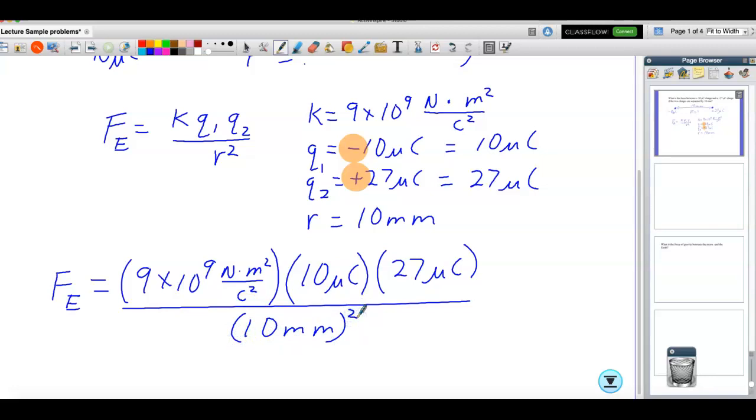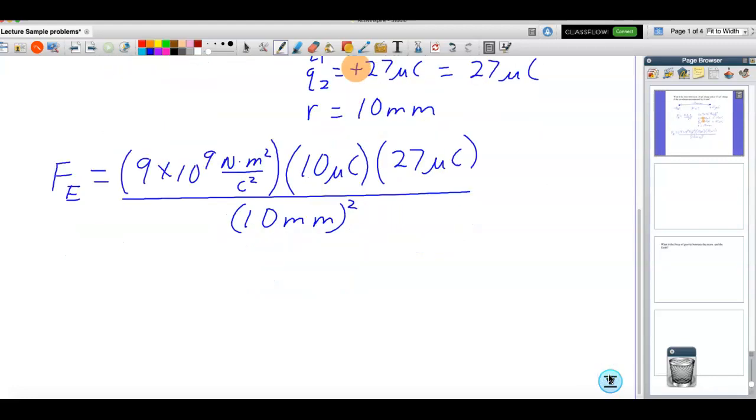So now we notice that the units on our Coulomb's constant K are newtons, meters, and coulombs, and yet our charge is in microcoulombs and our distance is in millimeters. So we need to switch those out. Those are just our metric prefixes, so we can remove them.